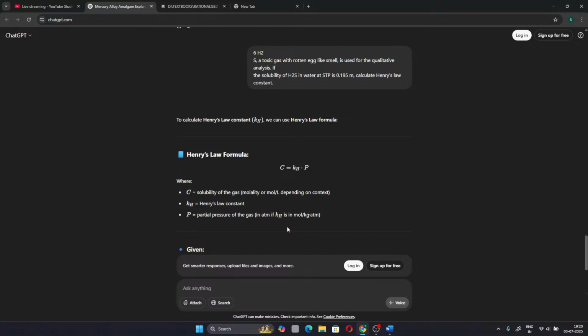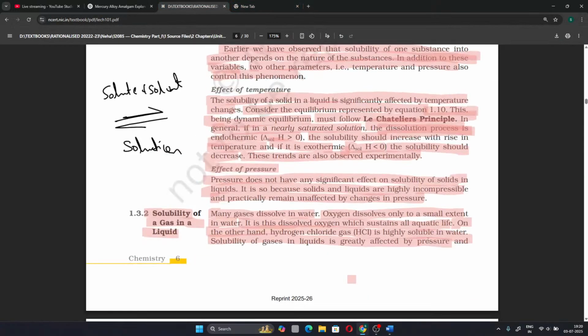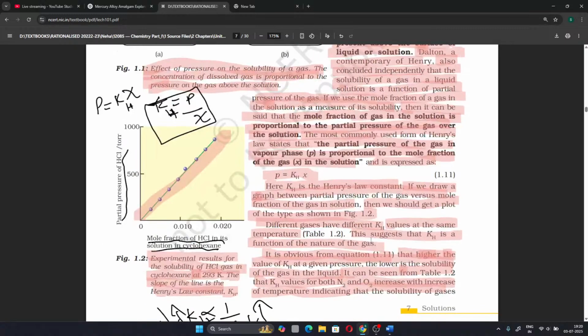They gave the formula as solubility equals KH times partial pressure, but I saw the formula in the textbook as partial pressure equals KH times solubility.